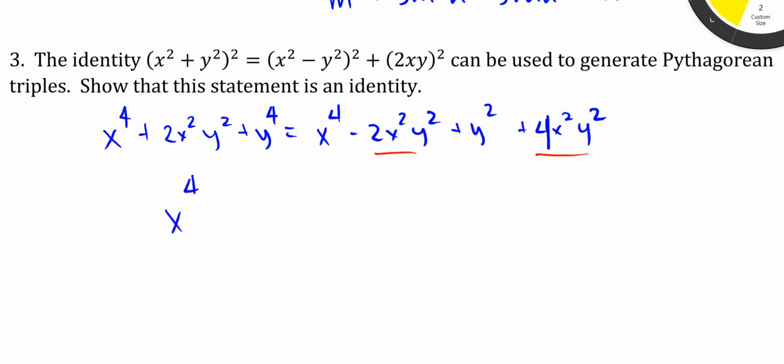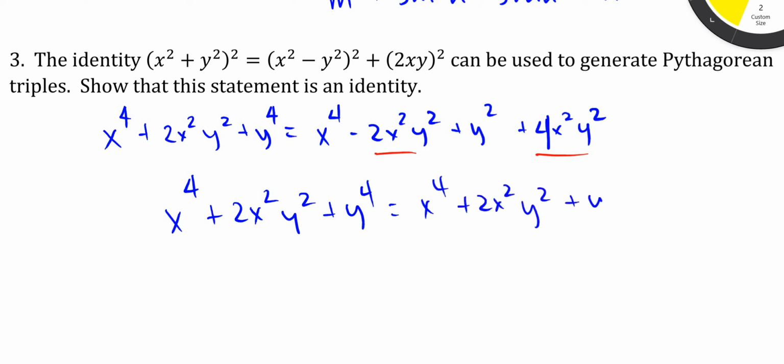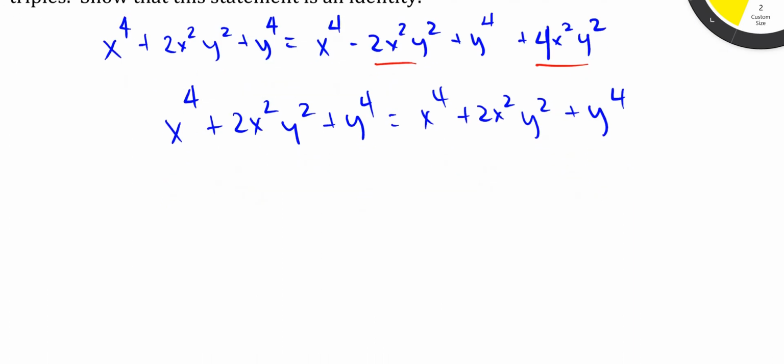So I have x to the fourth plus 2x squared y squared plus y to the fourth on both sides of this equation, proving this is an identity. So now if we have this as an identity, that tells me that I can plug in x values and y values to generate Pythagorean triples.